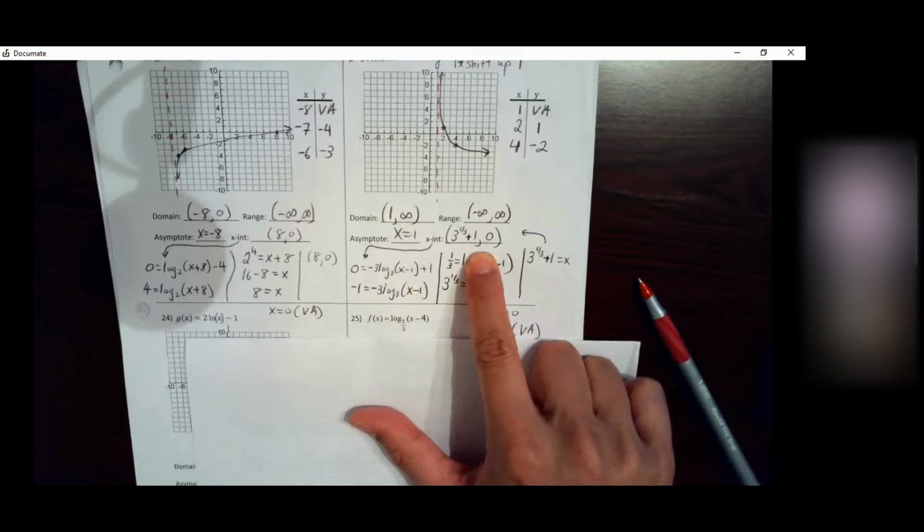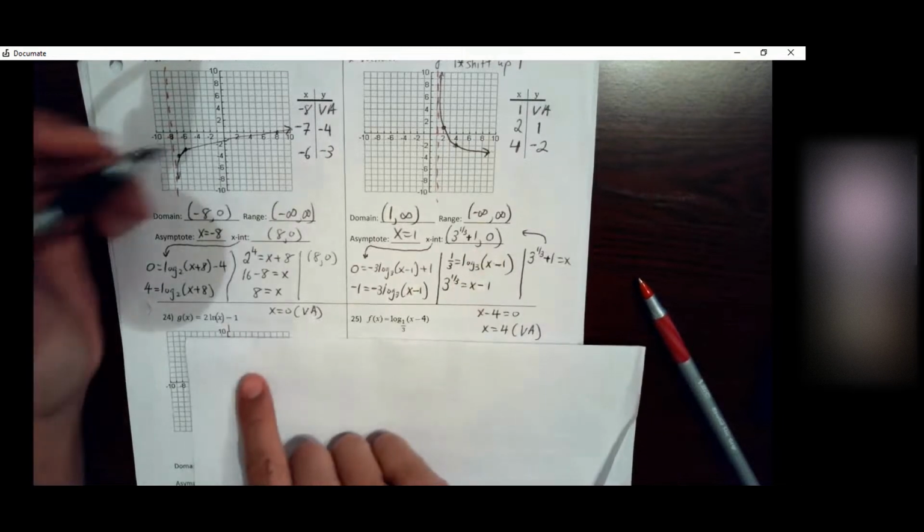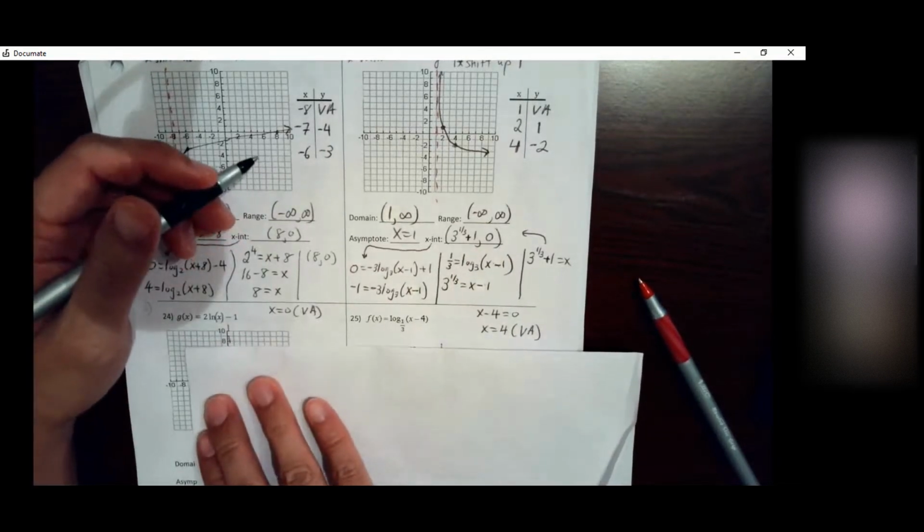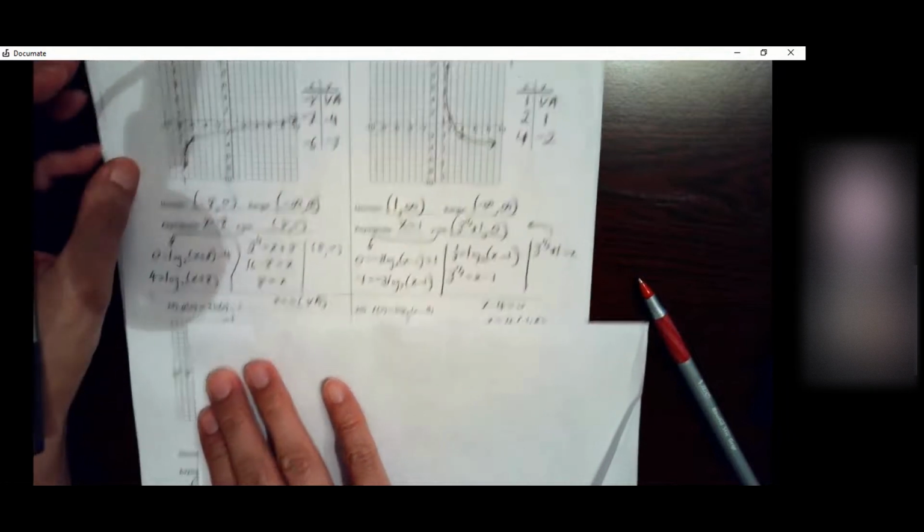That's fine. So 3 to the 1/3 plus 1, and 0.